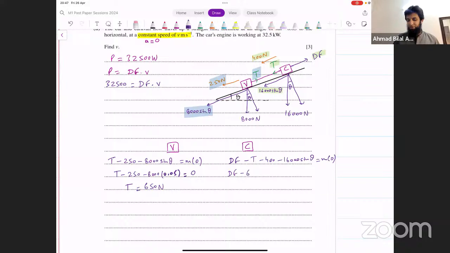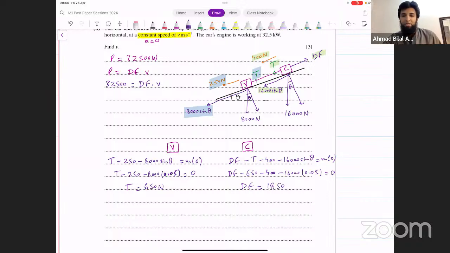Tension value is 650. And then you have minus 400, minus 16,000 into sine theta, which is 0.05. That equals 0. And you can get the value of driving force from this. Let's see what this turns out to be: 650 plus 400 plus 16,000 into 0.05. And that's giving me 1850 Newton.